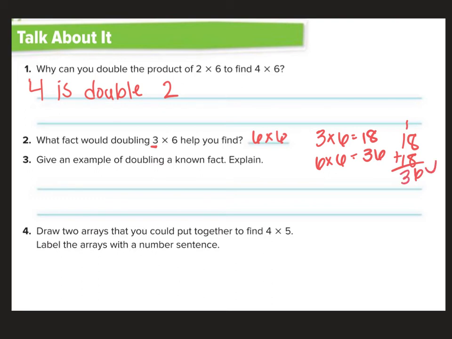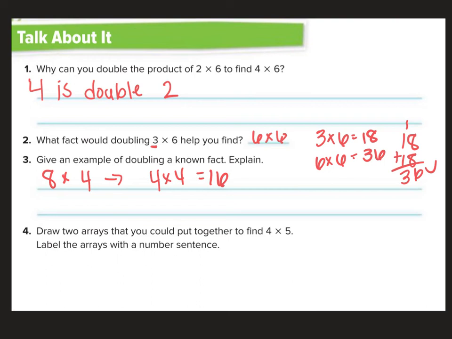Give an example of doubling a known fact. Explain. Let's say I wanted to find 8 times 4. I could do 4 times 4 is 16.